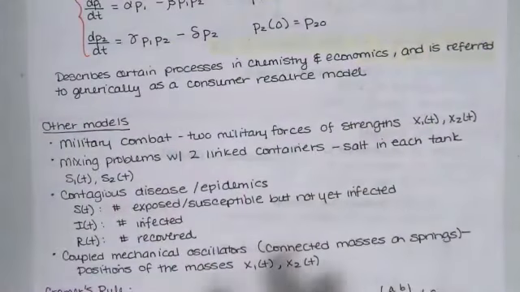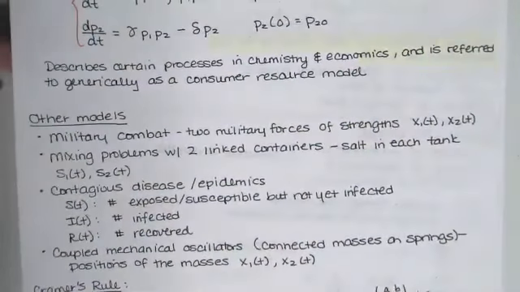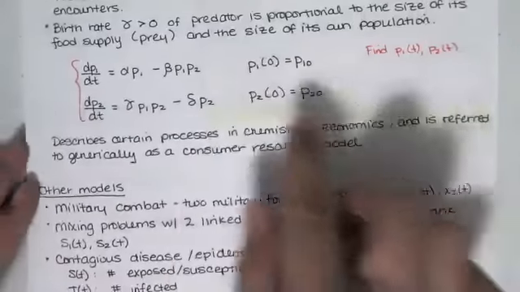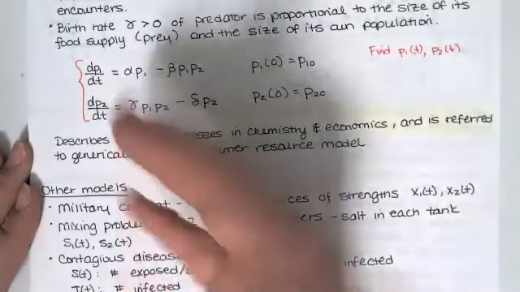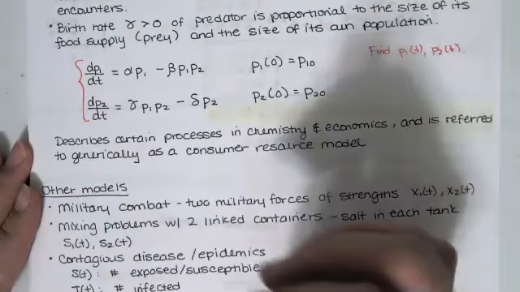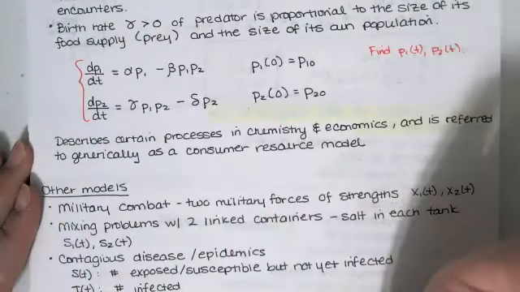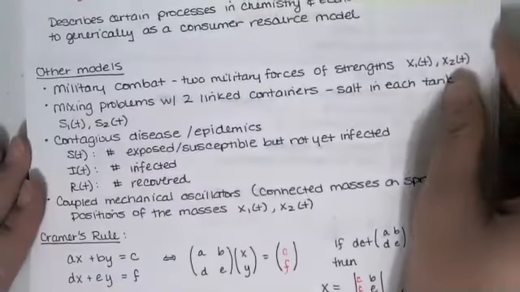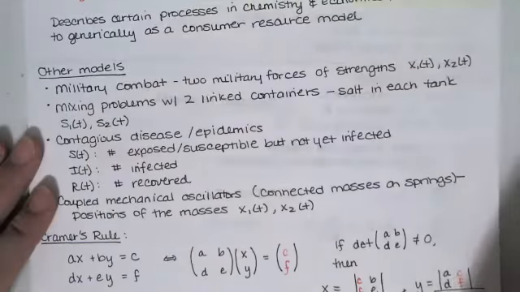But I just wanted you to see that there actually are systems of differential equations that we would want to solve, where you have two variables, two populations that really depend on each other. They affect each other, and they're described by two differential equations in this case. But it wouldn't necessarily have to be two differential equations. So these are some of the other models that are listed in Dr. Constanda's book.